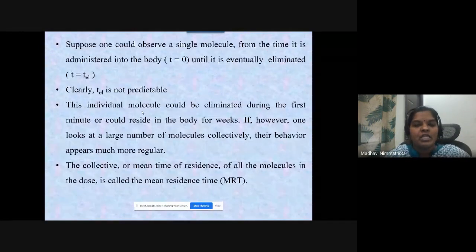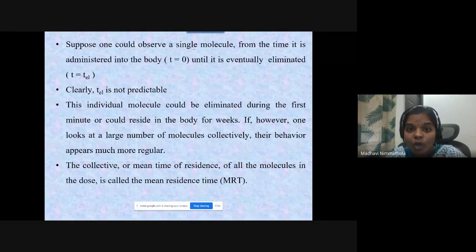And this is the concept of mean residence time of the particles or tracer molecules. Suppose one could observe a single molecule from the time it is administered into the body.